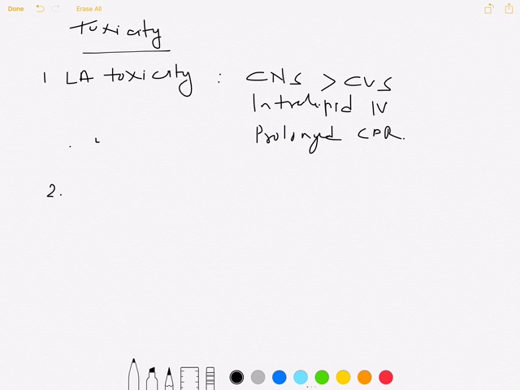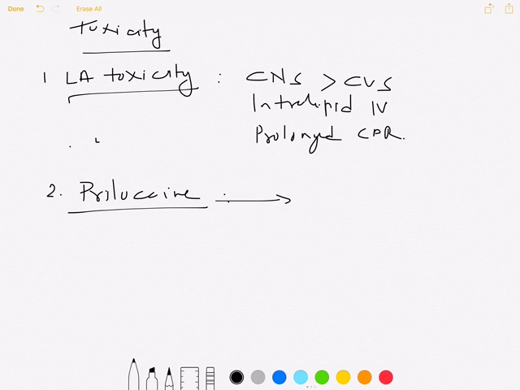Second thing, there's a local anesthetic called prilocaine, which is an ester, no, sorry, amide. Repeat it again. So prilocaine is an amide that can get metabolized to O-toluidine, which can cause methemoglobinemia.